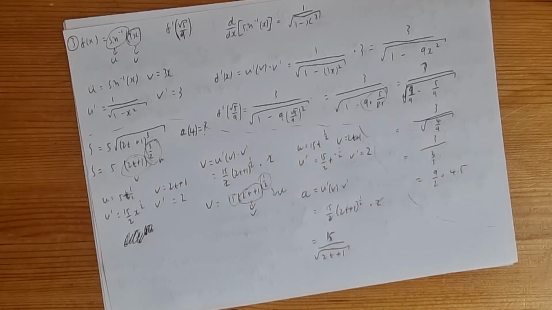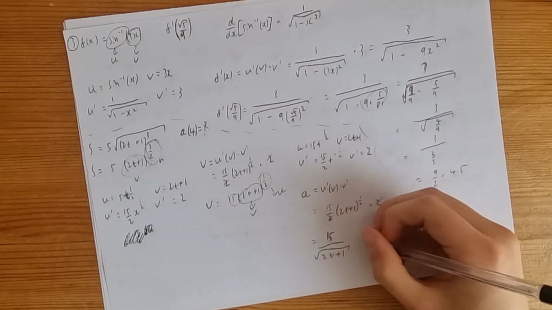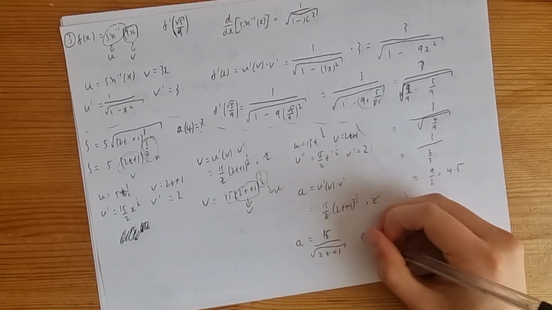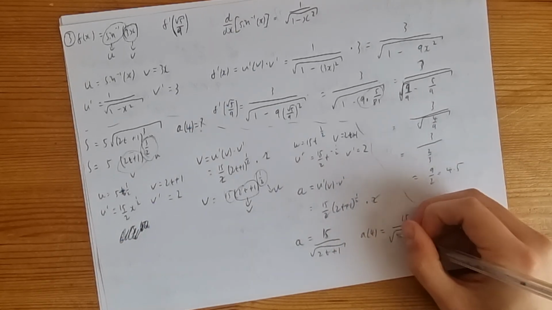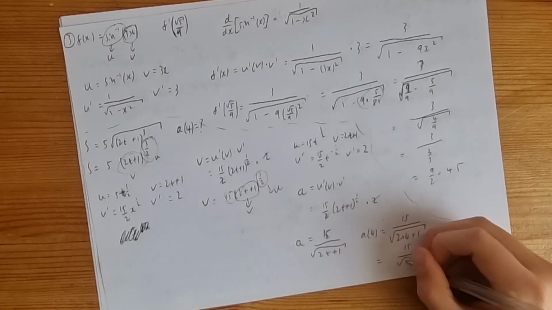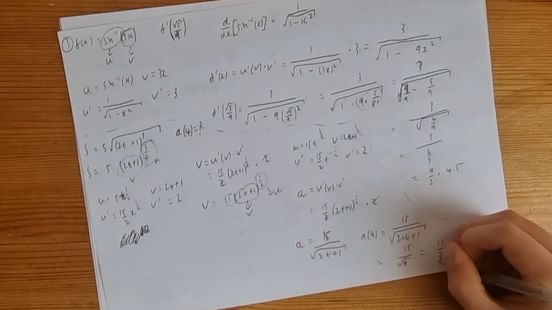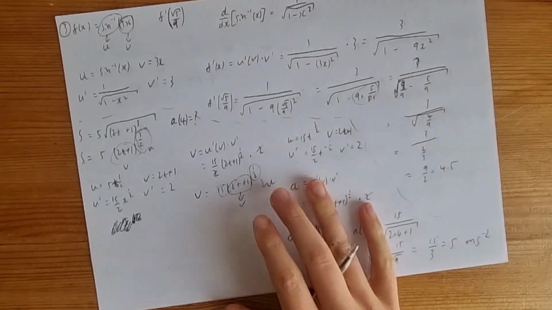We're not quite done, because the last thing we need to do is plug in the value, so at 4 seconds, a of 4 is equal to 15 over square root of 2 times 4 plus 1, which is 15 over square root 9, which is 15 over 3, which is equal to 5, and units wise we're in meters per second squared.